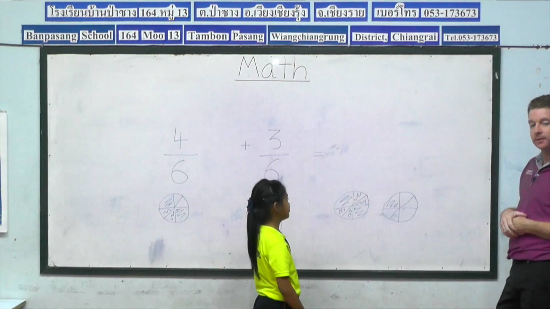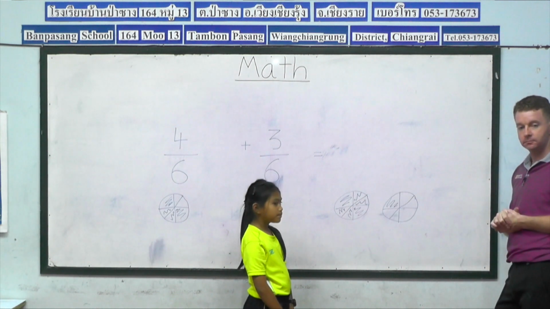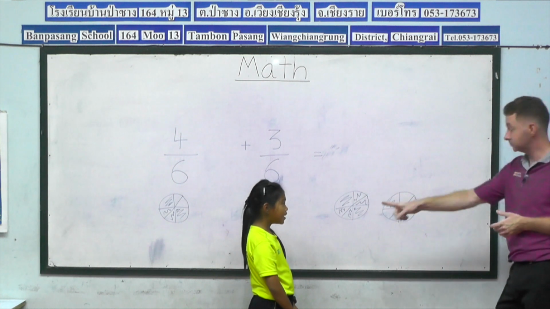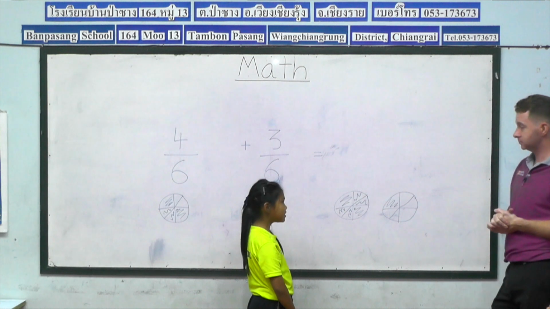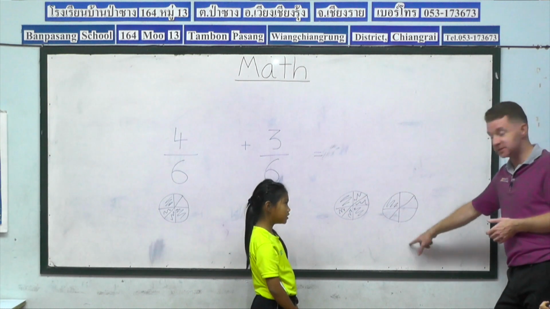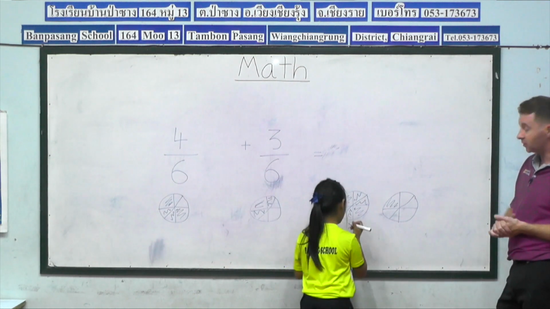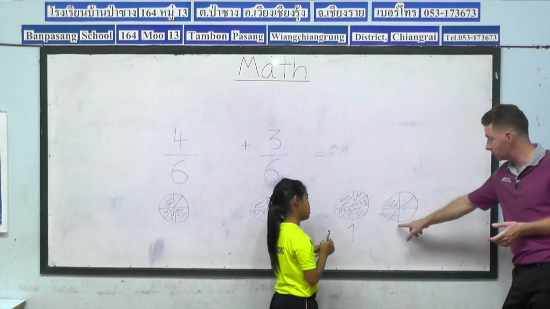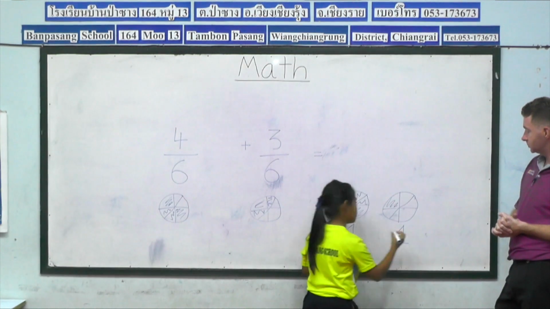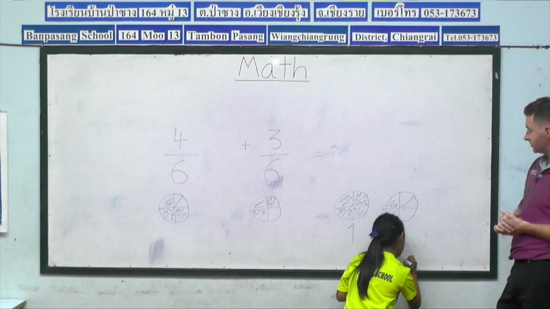So what's our answer? Now we have a full circle and a fraction. Anybody remember? How do we answer now? 1. We've got a whole 1. 1 and 1 over 6. So write a big 1 here, Pak Bung, because that's 1 whole, and then the fraction 1 over 6, because this is the fraction.